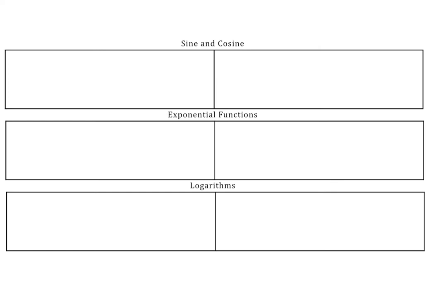In today's lesson, we are going to look at some special cases, taking derivatives of sine and cosine, and then exponential functions and logarithms. So, sine and cosine, pretty easy, but they're also easy to mix up and confuse. You just got to memorize them. If you take the derivative of cosine, it is equal to negative sine.